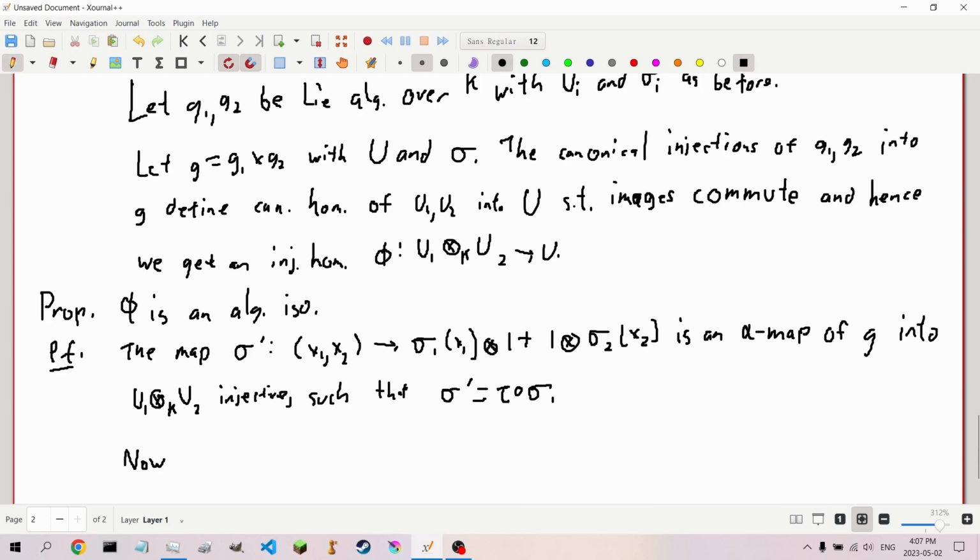Now, phi composed with tau composed with sigma, as we see, is phi composed with sigma prime, which is going to be sigma.